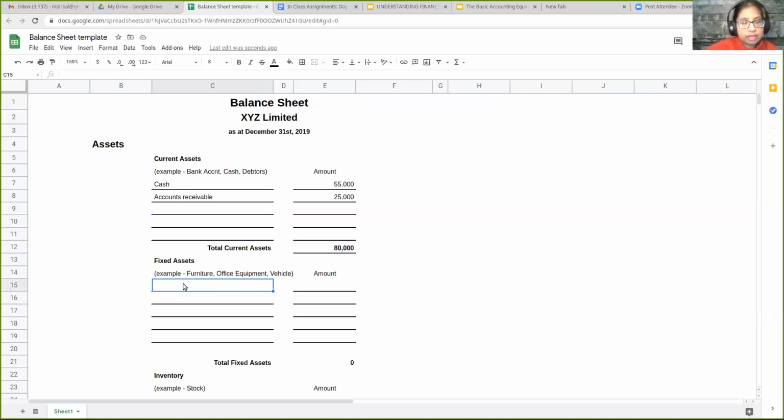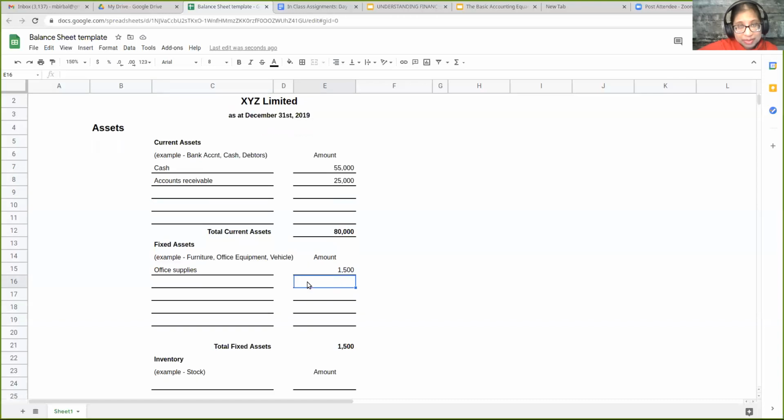So we can put office supplies under fixed assets. And that figure would be 1,500. Nice. All right. Then we have loans payable and accounts payable.